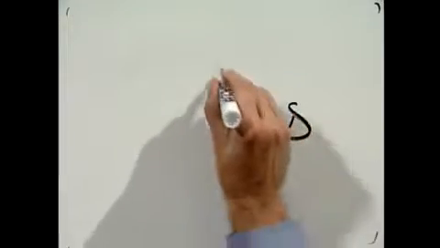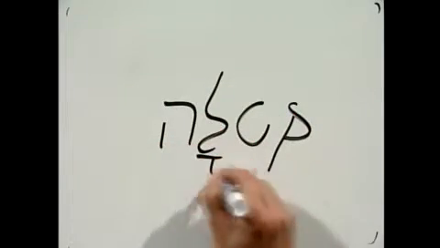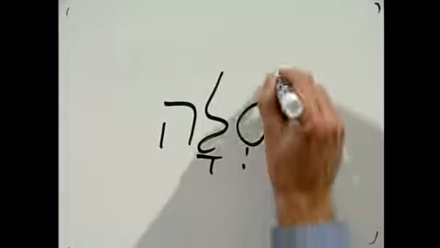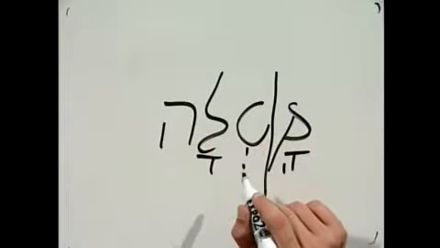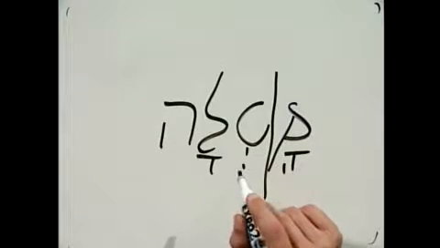So remember, usually we have words that end in this hey, and what we've said is when you divide the syllable, that this syllable here has to be open. If a syllable ends with a final hey, or if it ends with a final aleph, it's an open syllable.